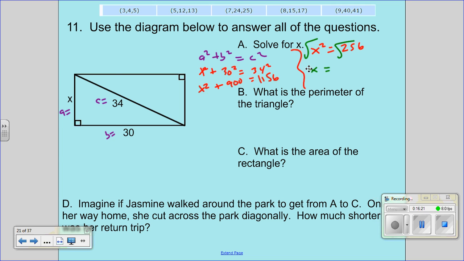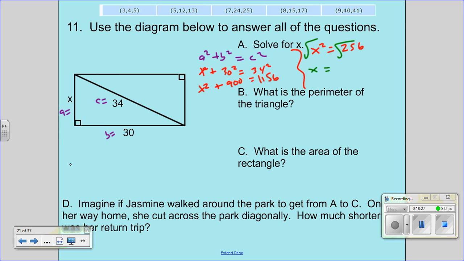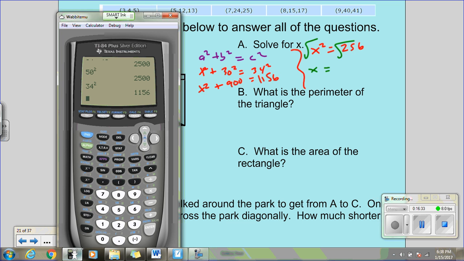So x is going to equal the square root of 256, which is 16.